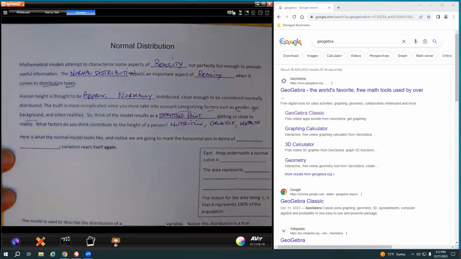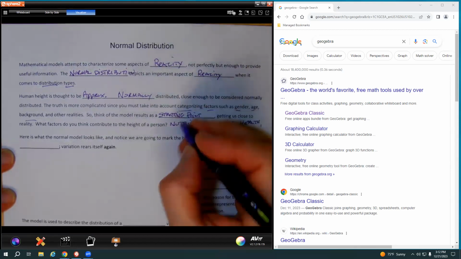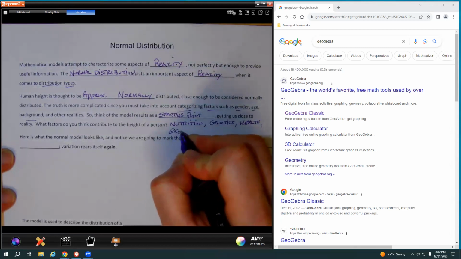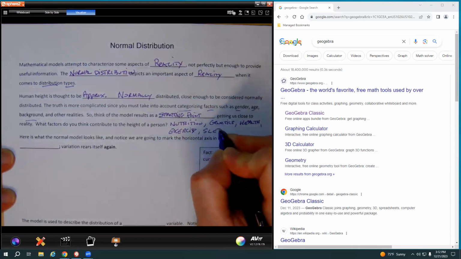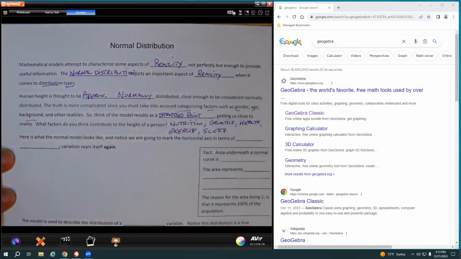Health of a person, maybe exercise or sleep. I'm sure you could think of other ones, but again, there are some factors that do contribute to the final outcome, how tall a person is. Okay.